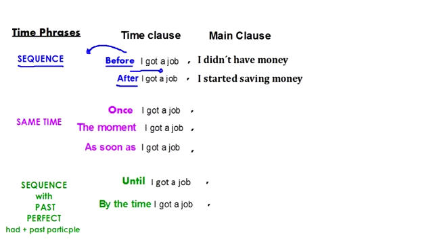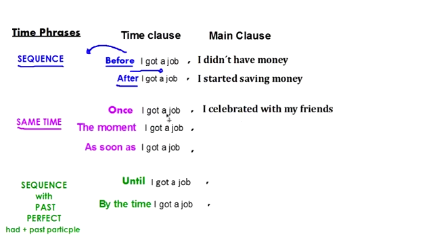Now, when I want to talk about two things that happen almost at the same time, I can use things like once, the moment, and as soon as. So we use these for two things that happen almost at the same time, or the second action happens almost immediately after the first one. So if I say, once I got a job, I celebrated with my friends.